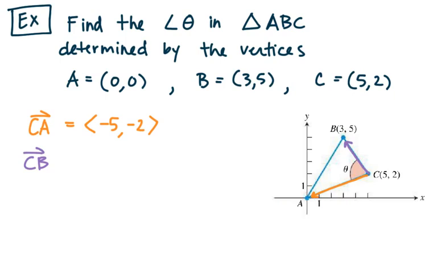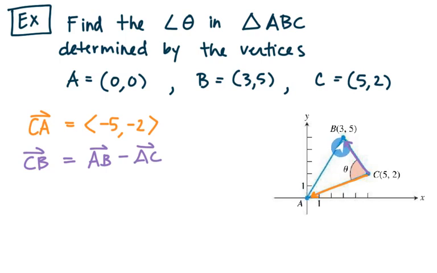Similarly, CB. There are a few different ways we can think about it, but CB is the difference: CB equals AB minus AC.